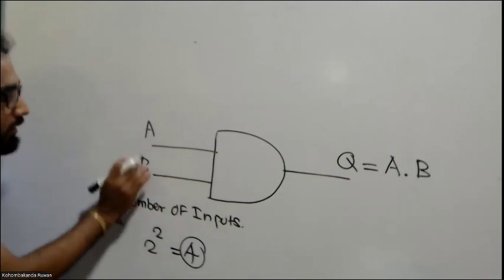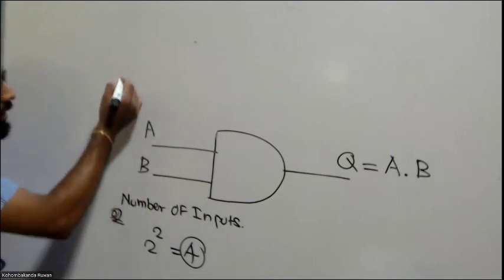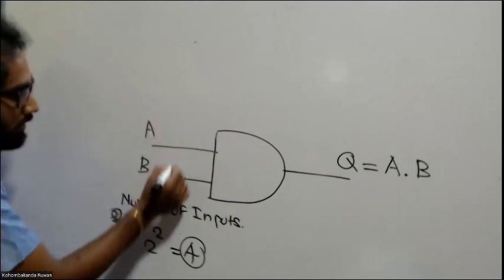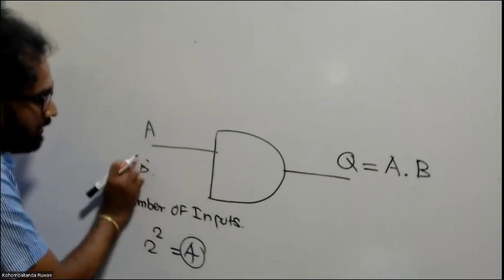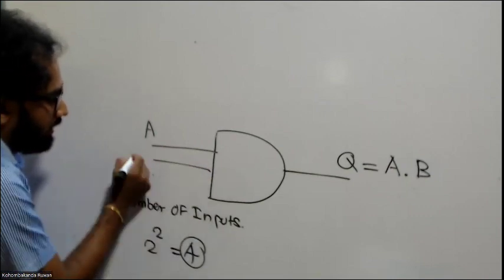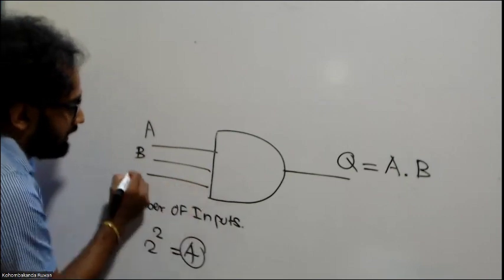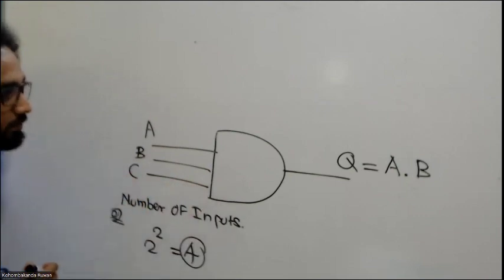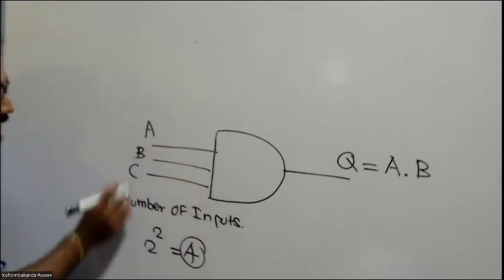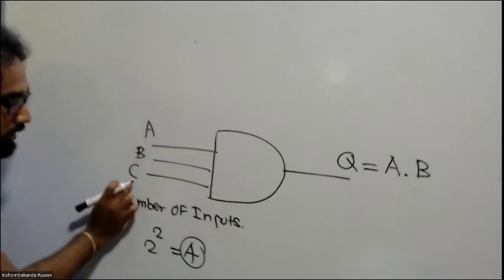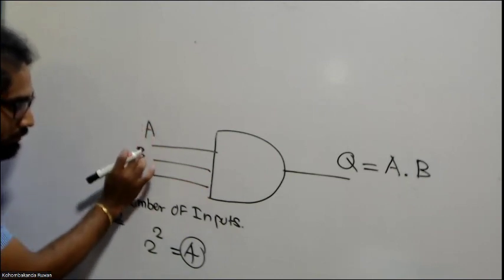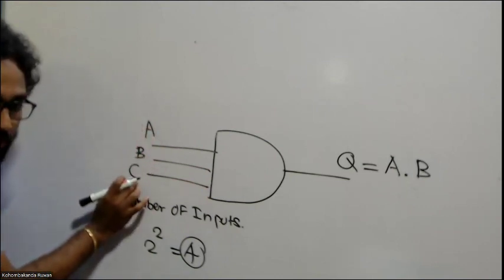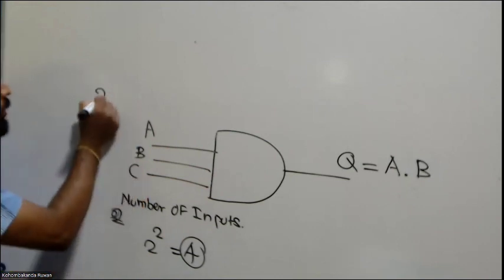Now assume that there are three inputs here, right? Like this, I will add here. This is A, B, C, right? Now we have three inputs here, A, B, and C. How many states? 2 to power 3.